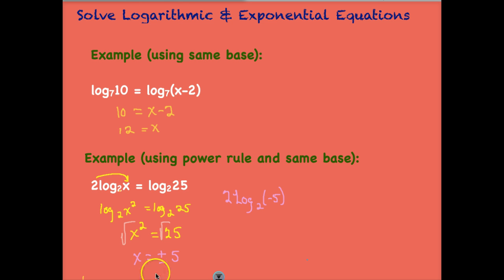If you remember, when we're graphing, logarithms look something like this, with a vertical asymptote here at x equals 0. So it's not possible for us to have a negative 5. It would become undefined. So negative 5 is not a solution. And we need to look at the object before we bring the 2 back up.